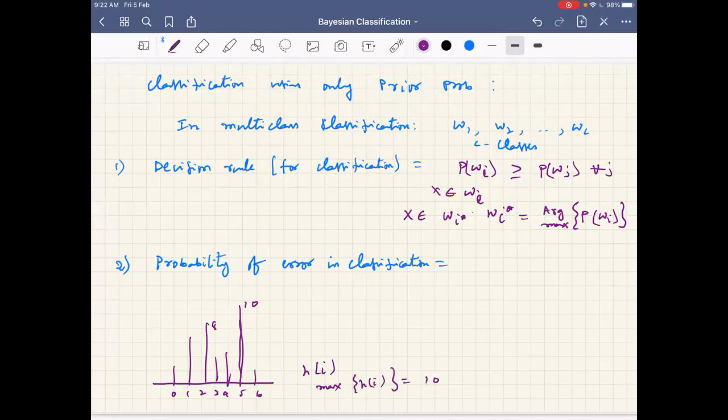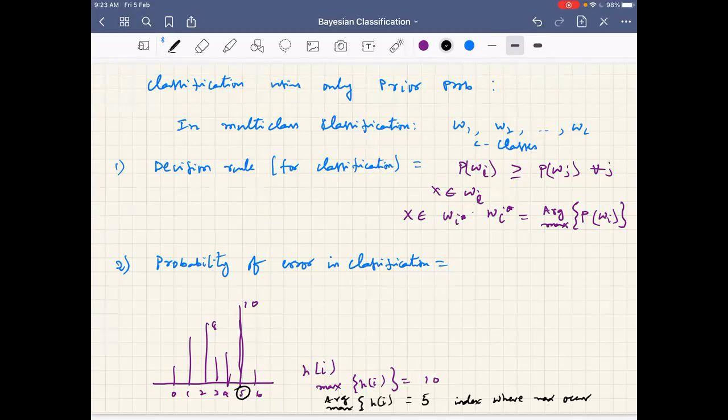But I'm not interested in the maximum value. I'm interested in the index where the maximum value has occurred. Then how do I write it? I want the answer to be 5, the index where the maximum value has occurred. I do it using arg max of h i.